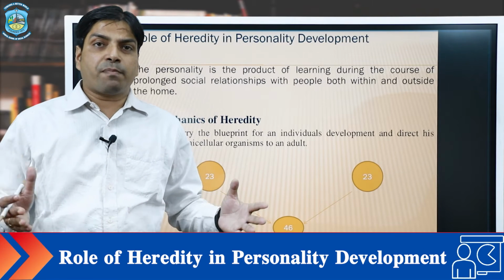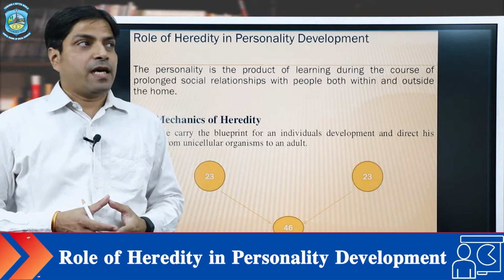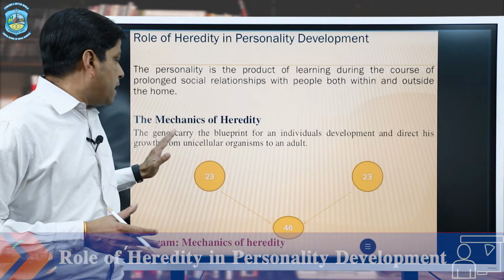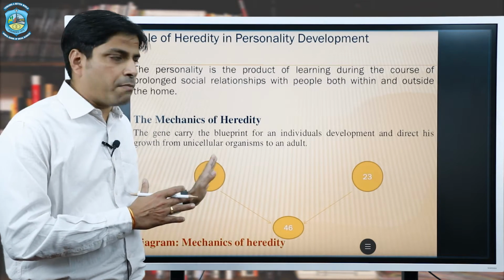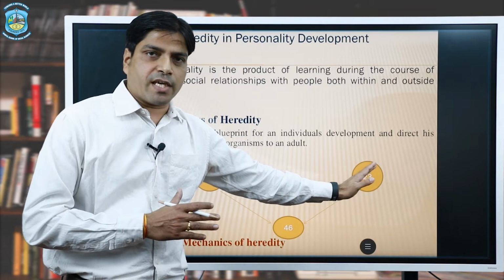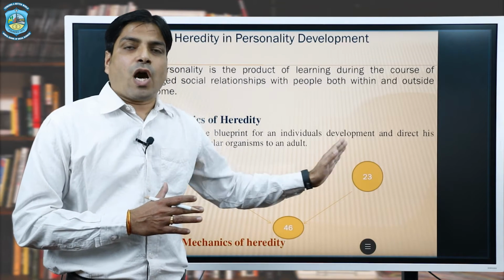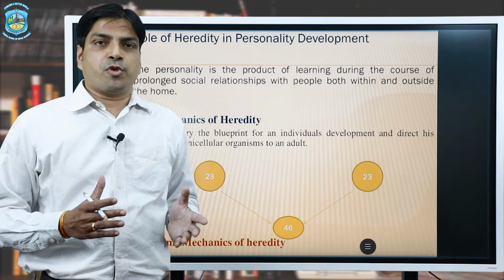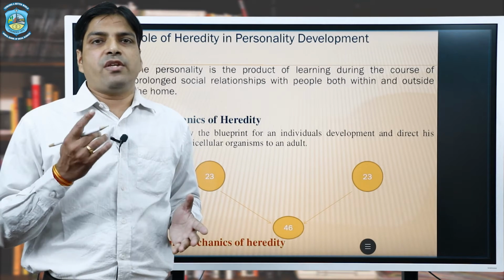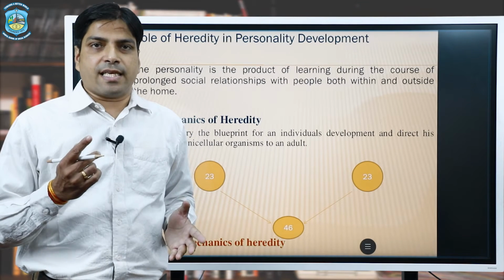Let me explain to you from the perspective of genetics. Here we have 23 chromosomes we are getting from the mother and 23 chromosomes we are getting from the father. Out of these 23 pairs of chromosomes, 22 pairs are somatic cells and only one pair is sex cells.